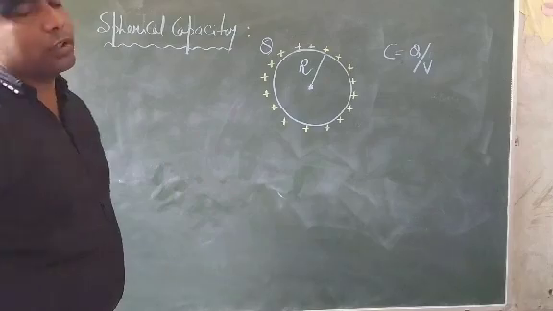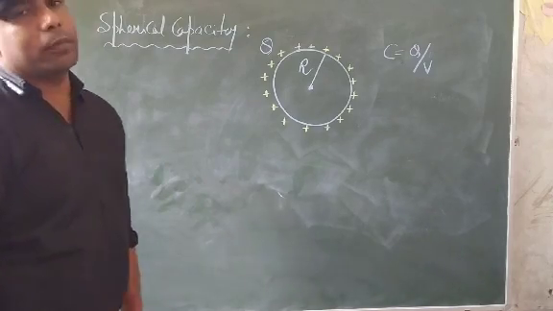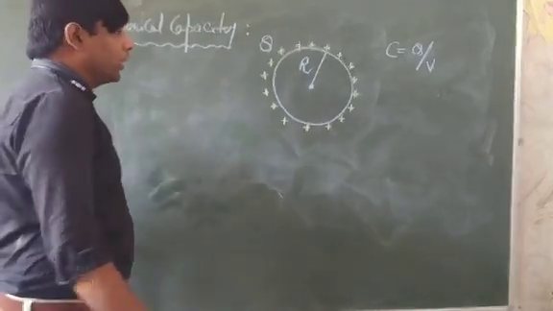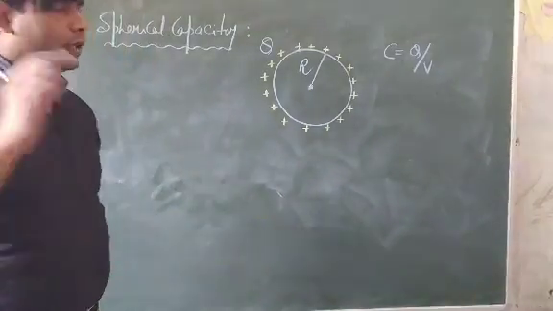You will see that it is not dependent on Q and V. It only depends on the medium and the dimension. So the dimension is that the sphere is of radius R.